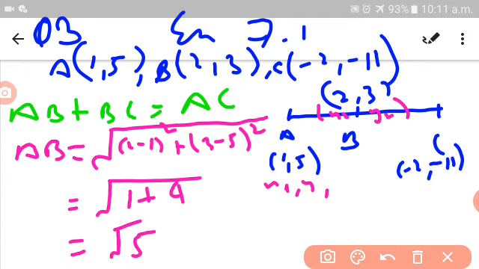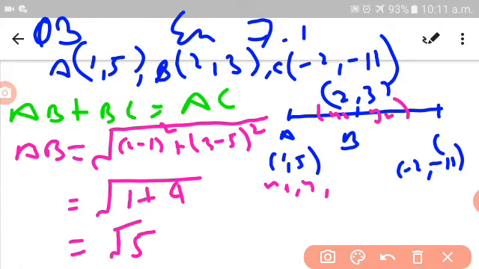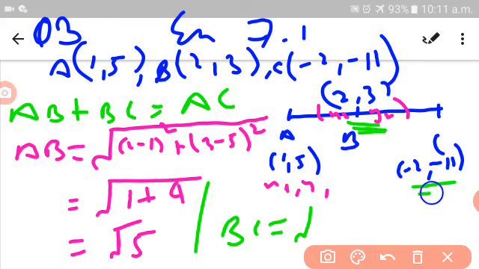Same like this I can find BC. That is the square root of (x2 minus x1) whole square plus (y2 minus y1) whole square. This time you take (2, 3) as x1, y1 and (-2, -11) as x2, y2.